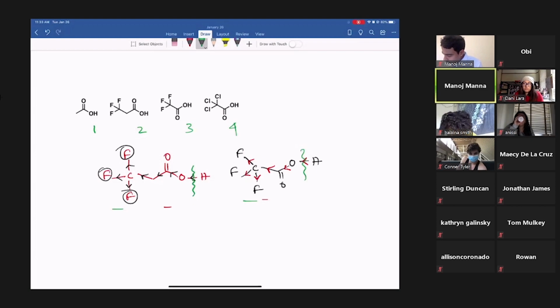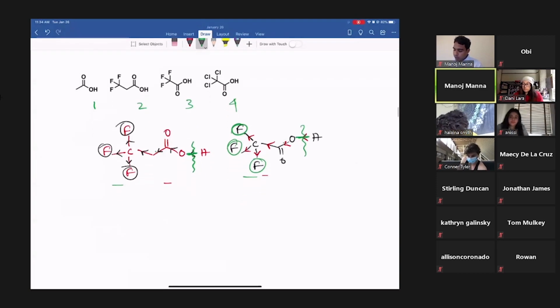You can see the distance from the bond that is dissociating: the three fluorines are close to that bond, 1, 2, 3, 4. But here it is 1, 2, 3, 4, 5 bond distance. So we can understand that 3 has higher acidity than 2.